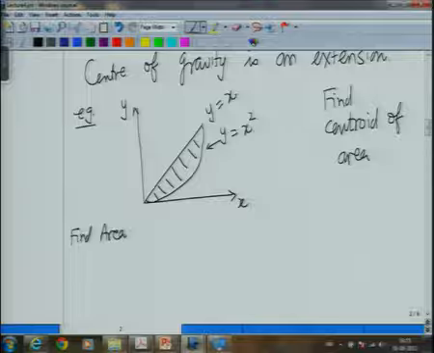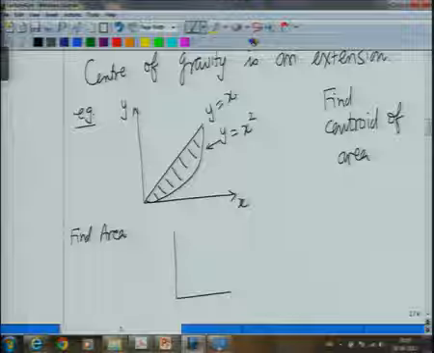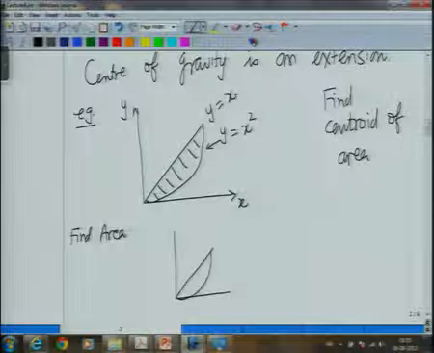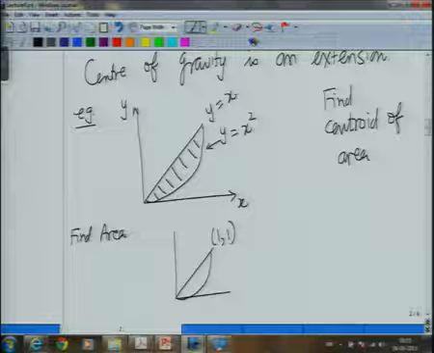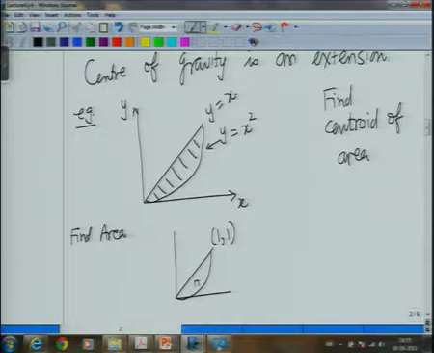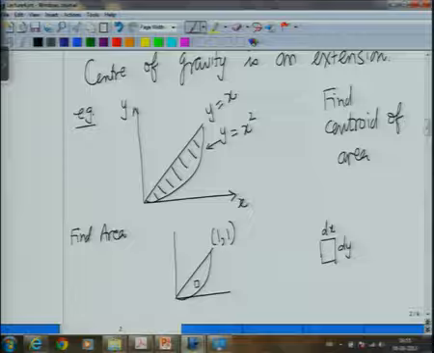Now we locate this point. If we draw this, I locate the intersection point, which is 1 comma 1. Then for the area, I choose a small rectangular element of length dx along x and dy along y.